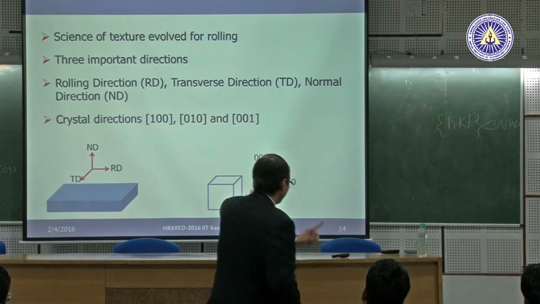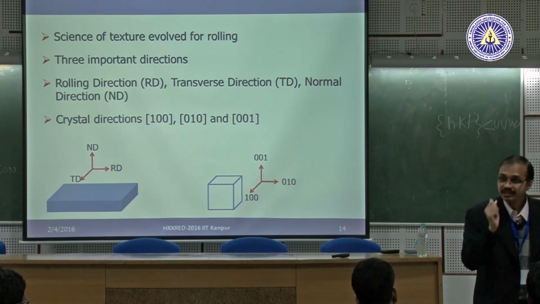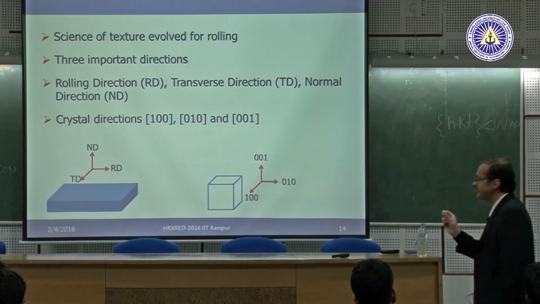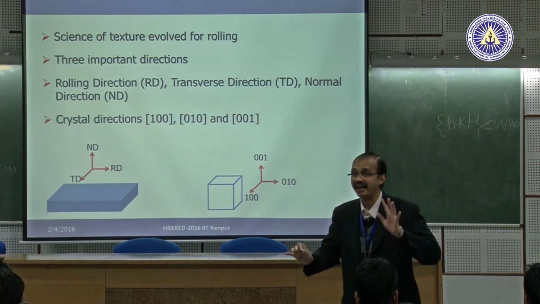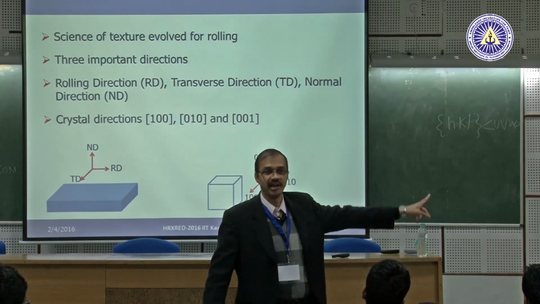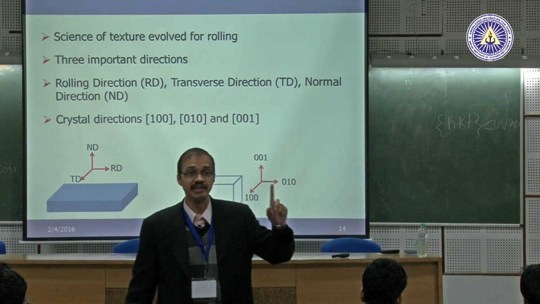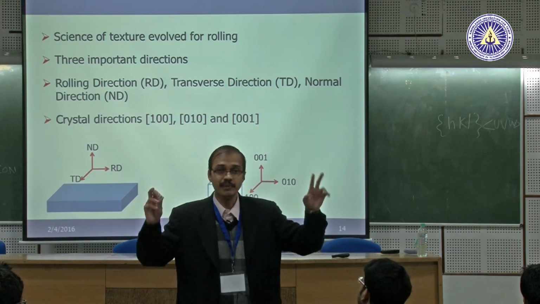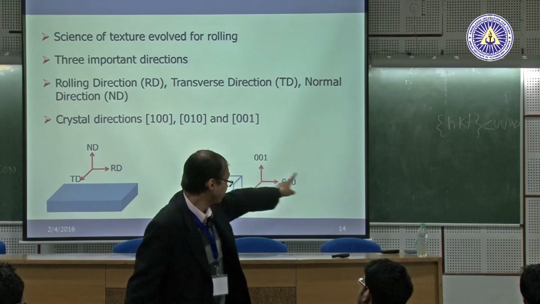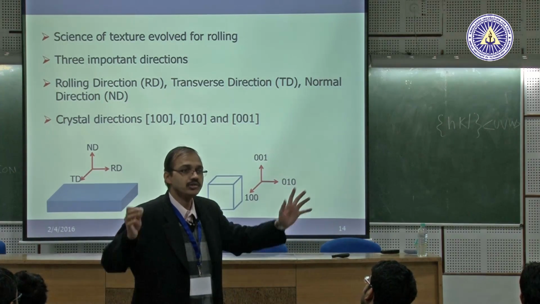So remember, this orientation is known as a texture component. And in this component, an implicit assumption which many people tend to neglect, and that is what leads to all the confusion, is that HU plus KV plus LW has to be 0. The direction has to be contained in the plane. People feel that once I put the bracket, you tend to relax, saying, "Arey bhaiya chalta hai," because the whole family is taken.